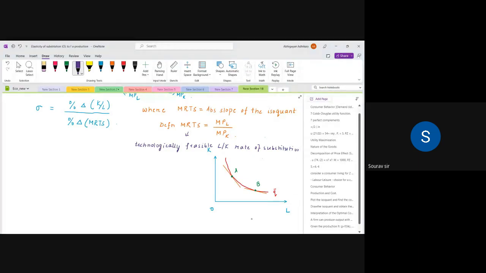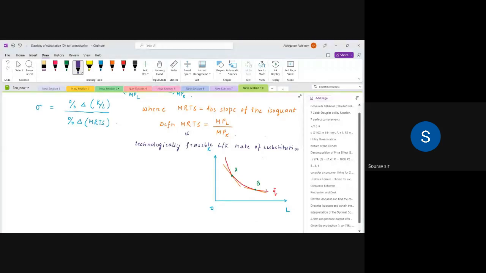So if I look at this measure once more, it is percentage change in K by L divided by percentage change in MRTS of L and K. If I expand this a little bit more, what does percentage change mean? D of K by L divided by K by L, divided by D of MRTS divided by MRTS.